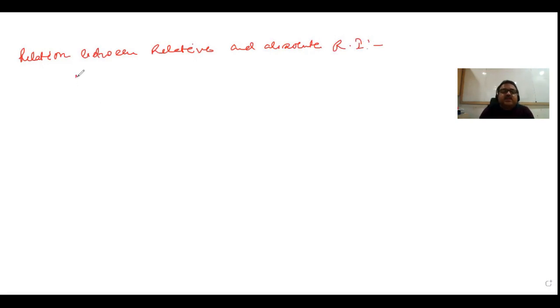What we know, mu 1 2 can be written as V1 by V2. This we know. Now what I am doing, I am dividing and multiplying this result by C, that is the speed of light in vacuum. Now I can write it like this: C by V2 divided by C by V1, by using simple mathematics.